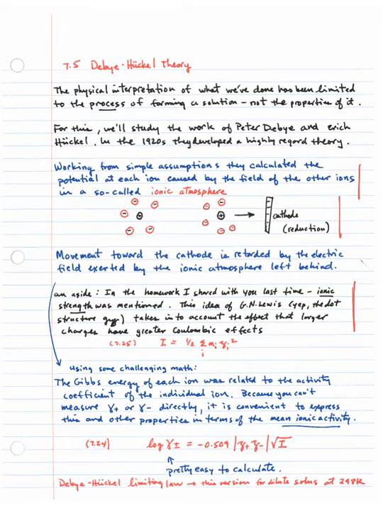That said, the Gibbs energy of each ion can be related to the activity coefficient of that ion. So the activity coefficient, that's the gamma value for a particular ion, but you can't measure a gamma for an individual ion directly. It's convenient to express this and other properties in terms of the mean ionic activity coefficient.